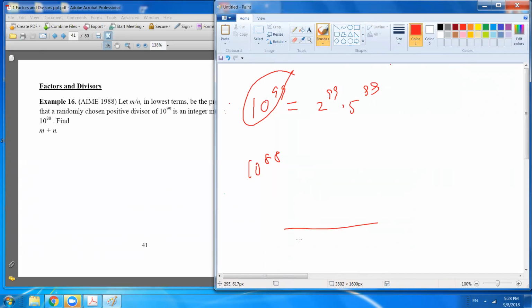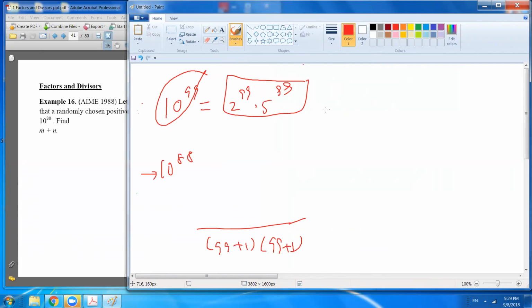Which is the denominator, right? 99 plus 1, 99 plus 1. That's how many factors, okay? And of these factors, how many are multiples of 10^88?